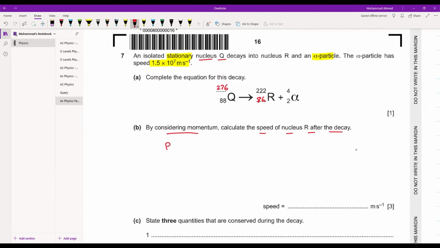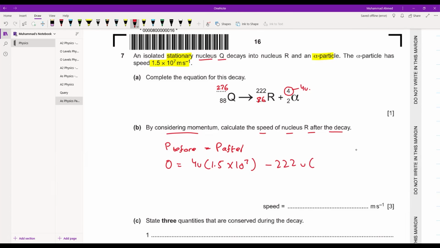So the total momentum before decay will be equal to the total momentum after decay. Since nucleus Q was stationary, the total momentum before decay will be zero. After decay, the alpha particle that has a mass of 4 multiplied by the atomic mass unit U is traveling with a speed of 1.5 into 10 raised to the power of 7. The particle R will travel in the opposite direction to give an overall momentum of 0.